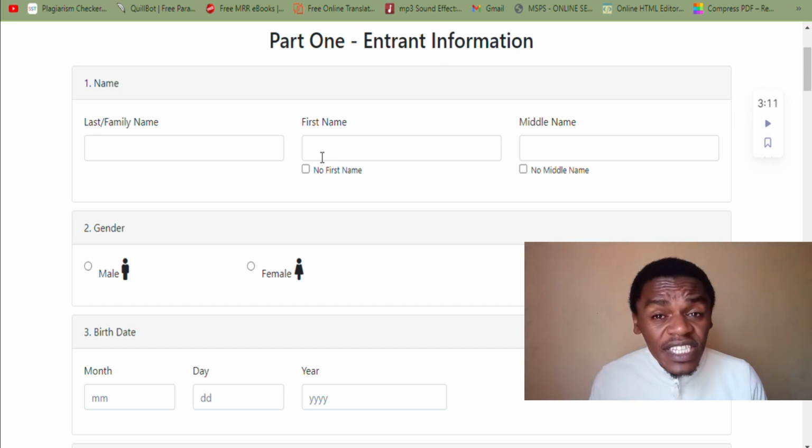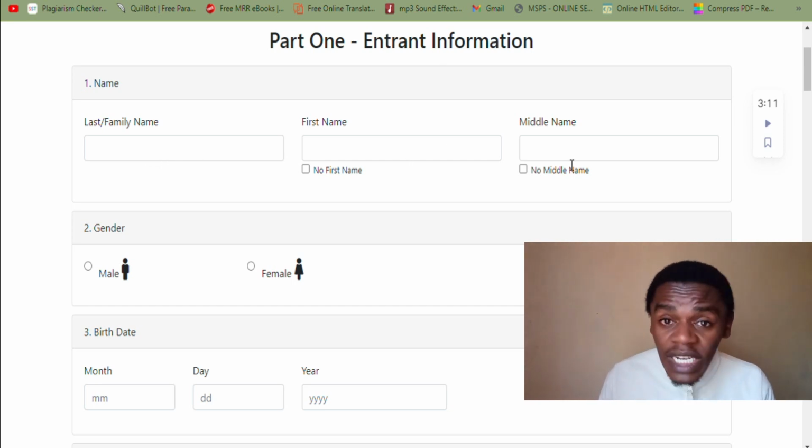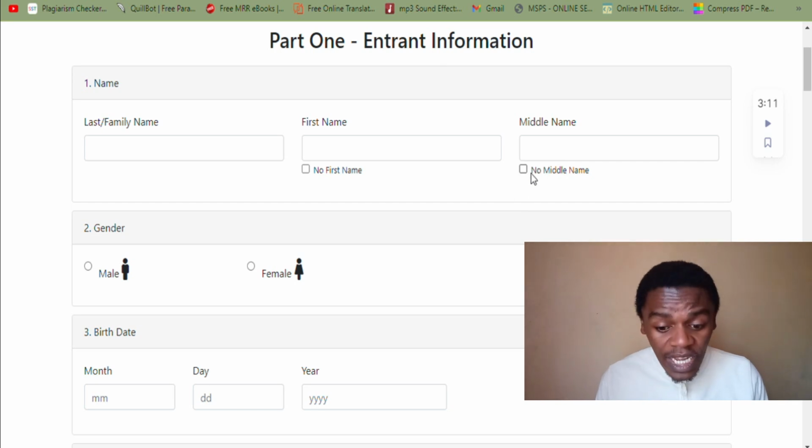If the birth certificate indicates that you only have 2 names, that is the last name and the first name, and you don't have a middle name, that's when you check no middle name. The names on the birth certificate should be copied as they are on these same slots to avoid these errors.